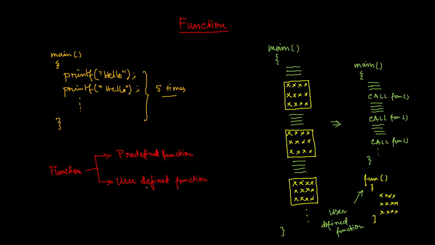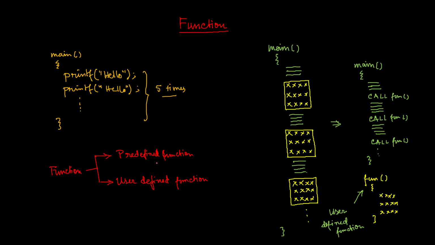And a user defined function is a function which doesn't really exist in the C library. A programmer can create any function with some arbitrary name, whatever name a programmer wants to give, and the programmer has to define what exactly the function will do and how it will do it.